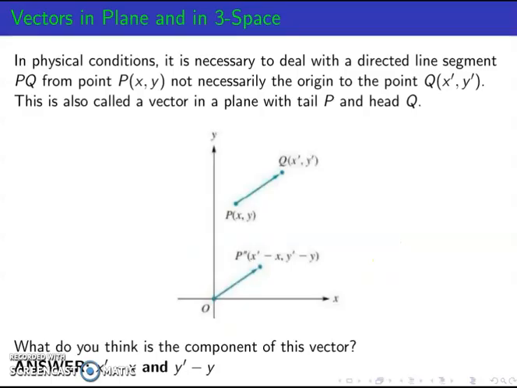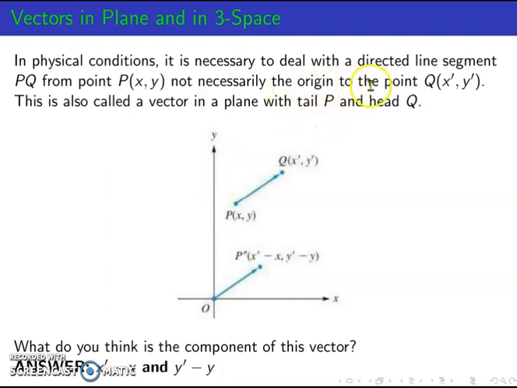In physical conditions, it is necessary to deal with a directed line segment PQ, from a point P with coordinates x, y, so that is this point here, not necessarily at the origin. Unlike this vector, whose tail is at the origin, this one is not at the origin.